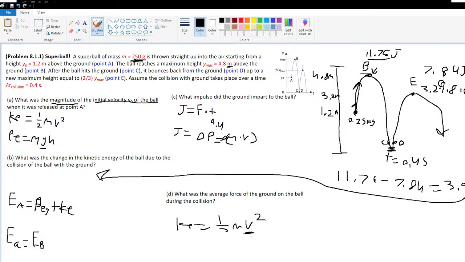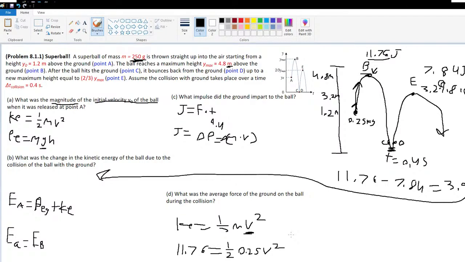We want to find our velocity. So we can set 11.76 equal to 1/2, mass is 0.25 kilograms, times v squared. Do a little mathematics. Divide 11.76 by 0.5 times 0.25.